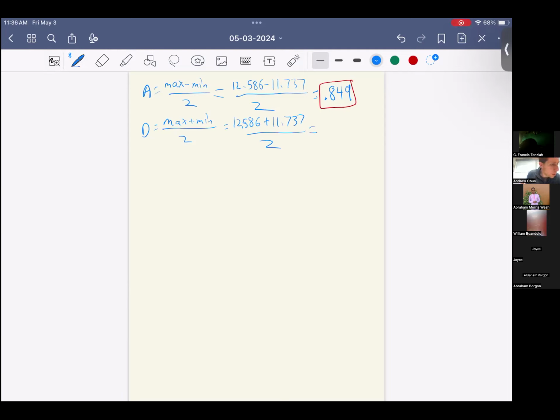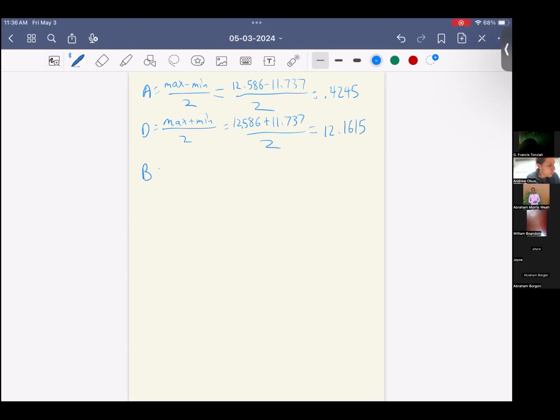Let me erase that. Okay. So that's 0.4245. Sorry about that. So now I do the same thing, but with a plus instead. So that's going to be 12.1615.